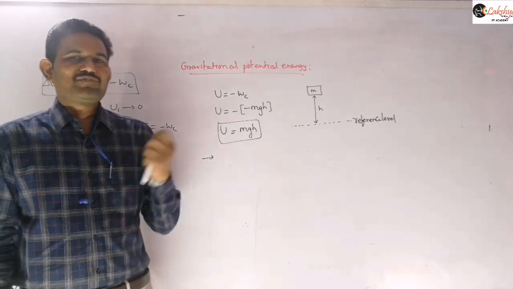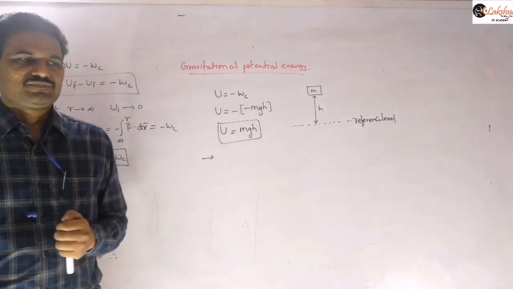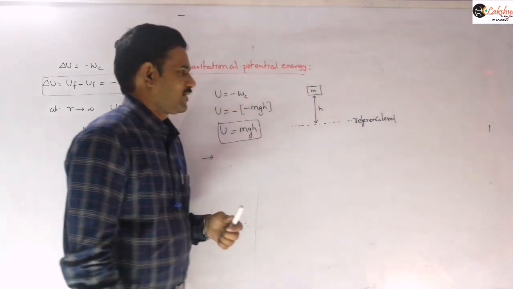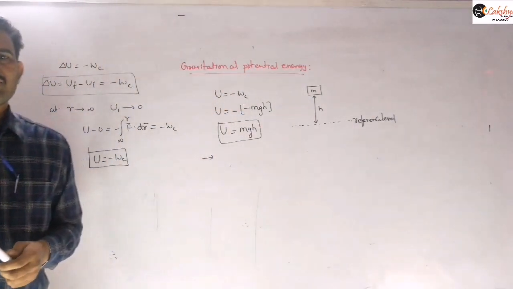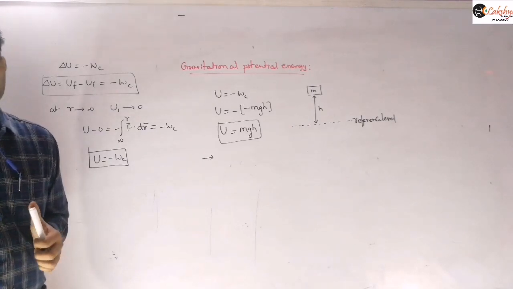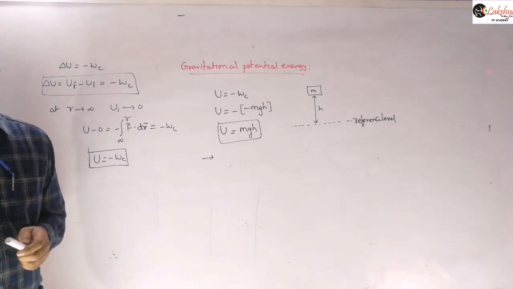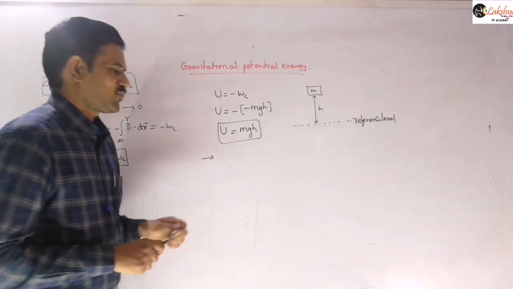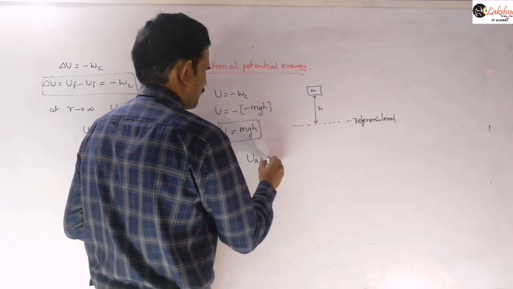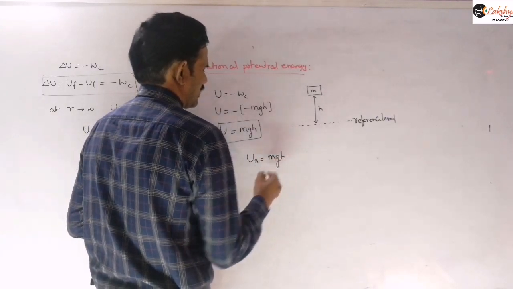Next, when the object is above the reference level by a distance h, then its potential energy is positive and is given by mgh.